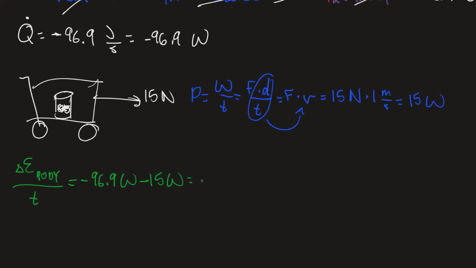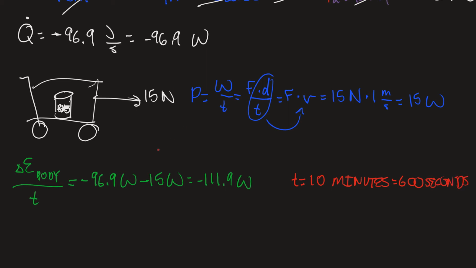This gets us negative 111.9 watts. Now let's just estimate that our time to get that can of black beans takes about 10 minutes. We've got to find it. We're not really sure. It's a new market. And we know that 10 minutes is about 600 seconds.